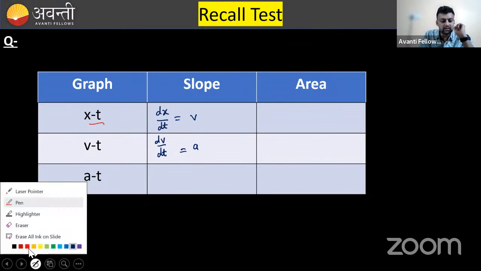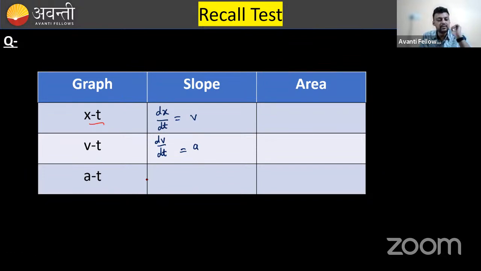Similarly, for the acceleration time graph, you can say dA over dt, and this gives nothing. That means slope of xt graph gives velocity, slope of vt graph gives acceleration, and slope of acceleration time graph gives nothing to us. Is it clear?